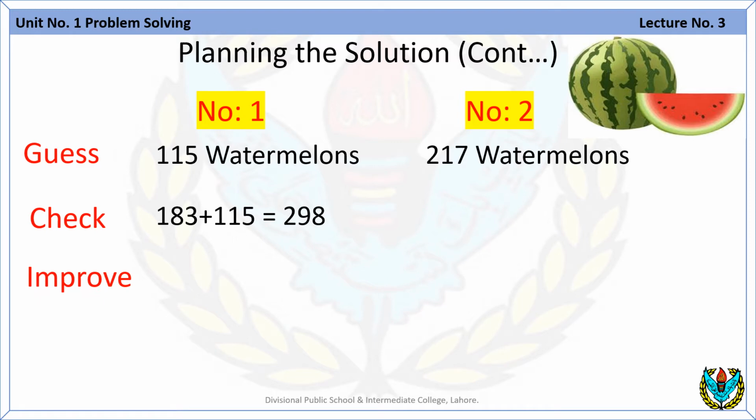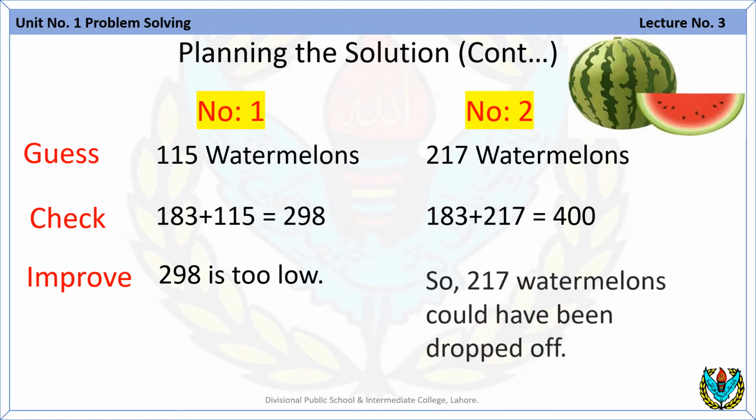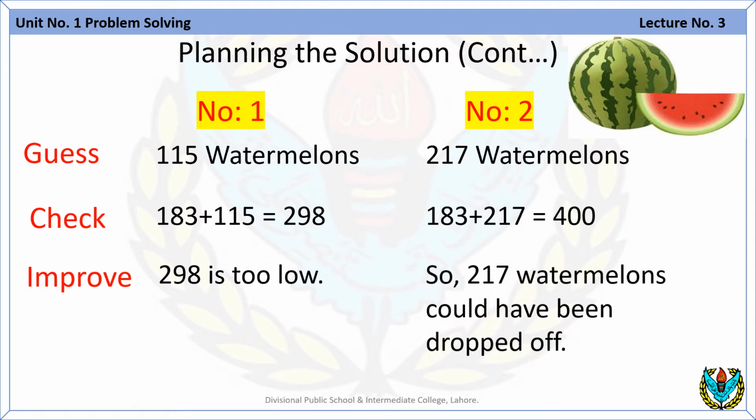The value needs more improvement because it is low compared to 400. Now check the second guess. Add 183 and 217, we will get the required 400. So the truck dropped off 217 watermelons in the shop. We see that the second guess is much better than the first one.